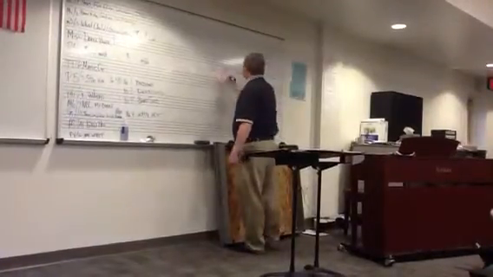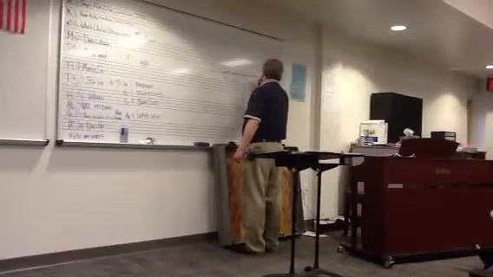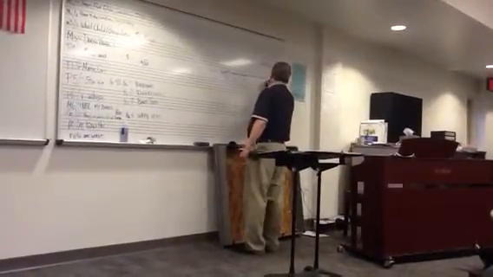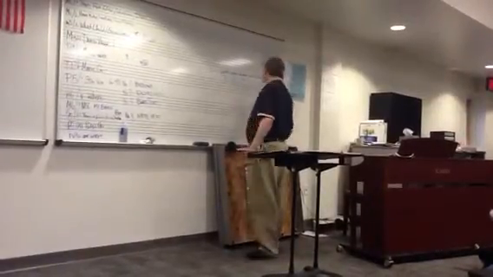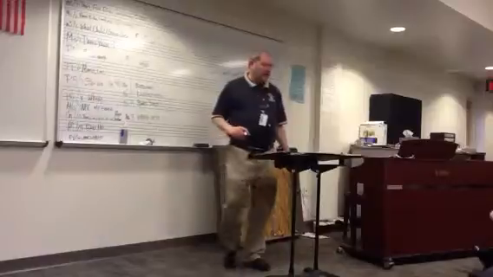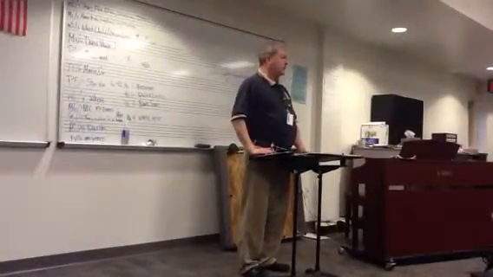Tonic is 1, supertonic is 2, median is 3, subdominant is 4, dominant is 5, submedian is 6, leading tone is 7. Okay? The dominant, or 5, of the B-flat scale is what?